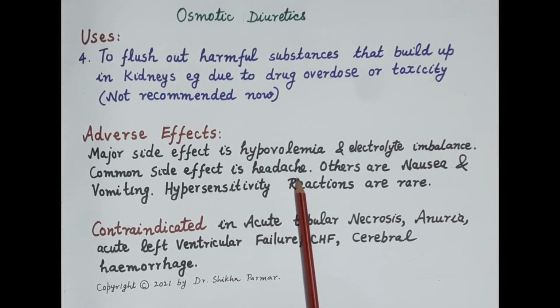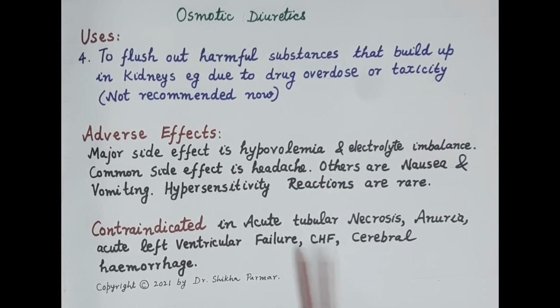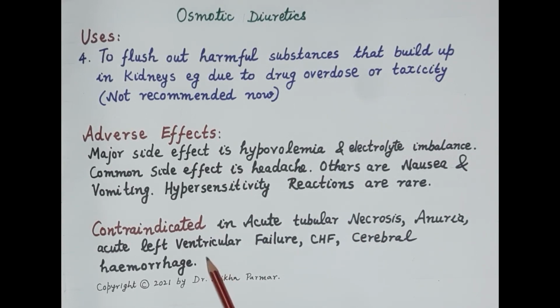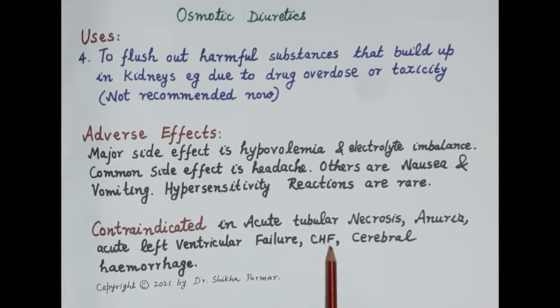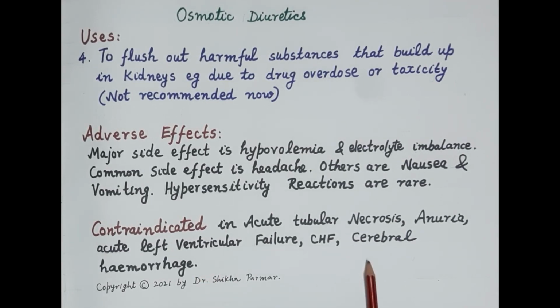Common side effect is headache, and other side effects are nausea and vomiting. Hypersensitivity reactions are rare. These are contraindicated in acute tubular necrosis, anuria, acute left ventricular failure, congestive heart failure, cerebral hemorrhage. So, this is in brief on pharmacology of osmotic diuretics.